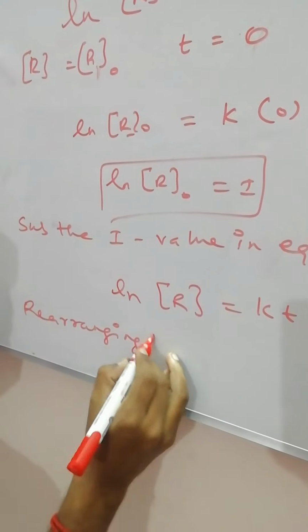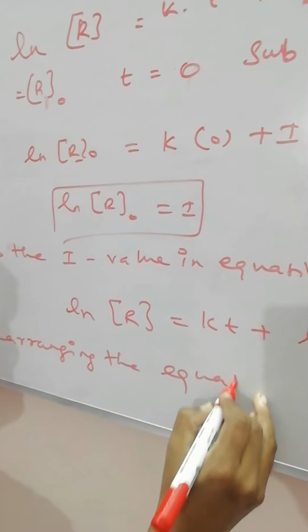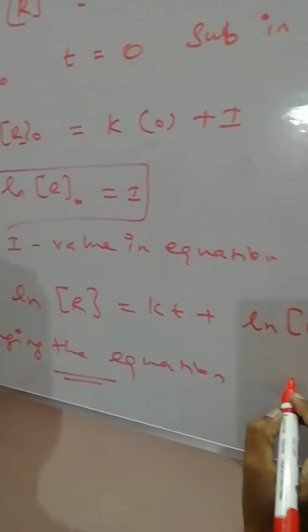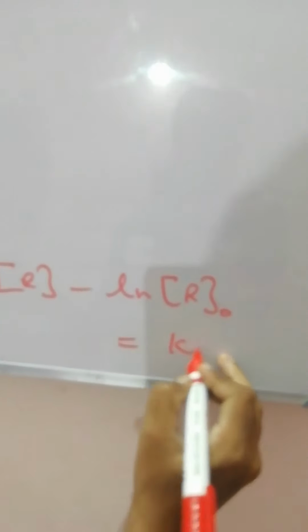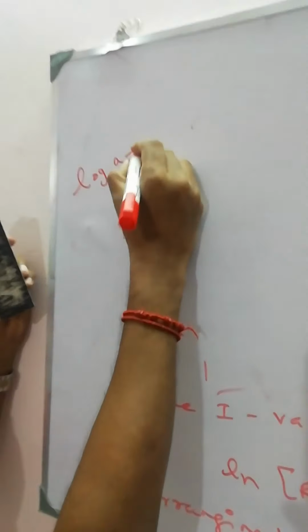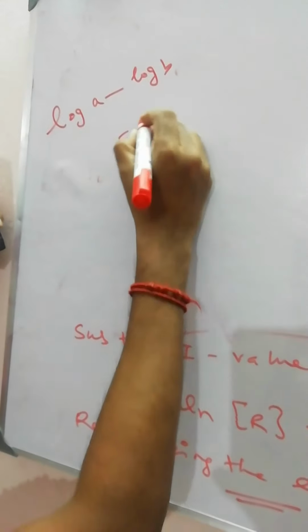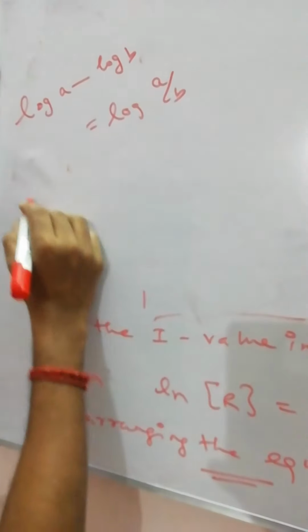Rearranging the equation, ln R minus ln R0 equals KT. According to the logarithm rule, log A minus log B is equal to log A by B. So this formula is applicable here.